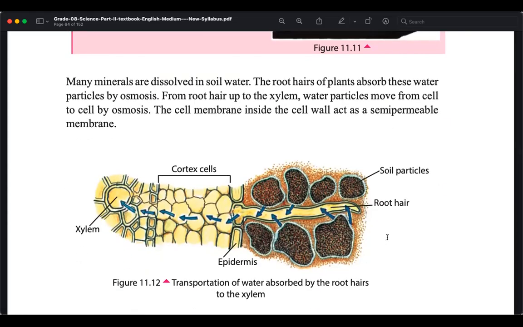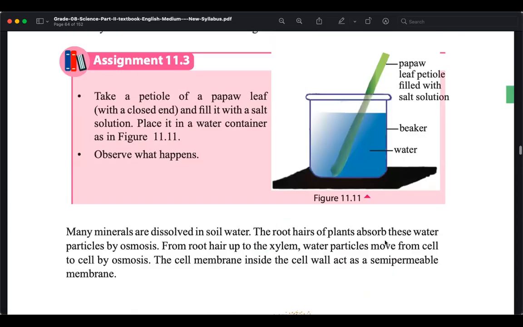If you monitor the water level, you can experiment, and it will also behave in a similar way like we did earlier. That also has a semi-permeable membrane, and through that water is taken.